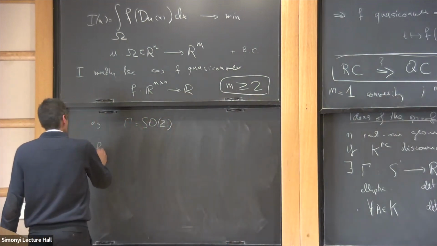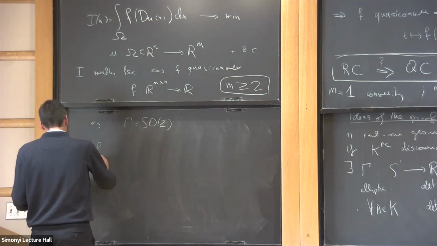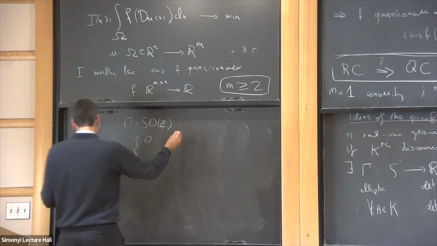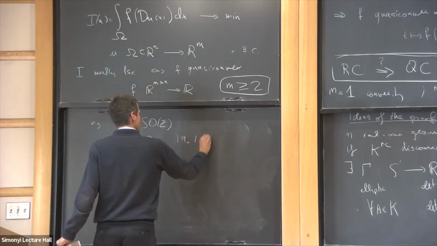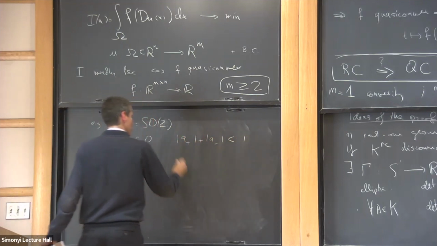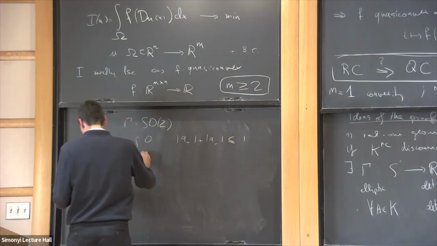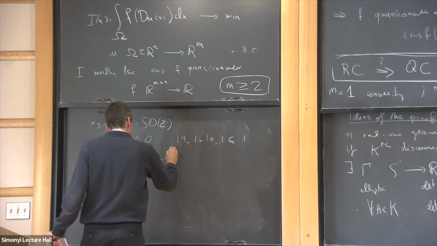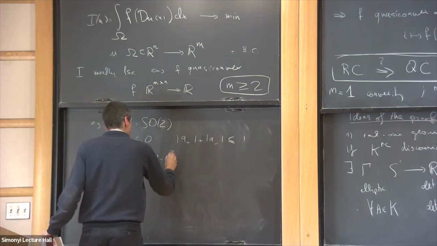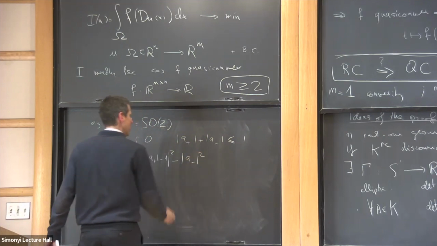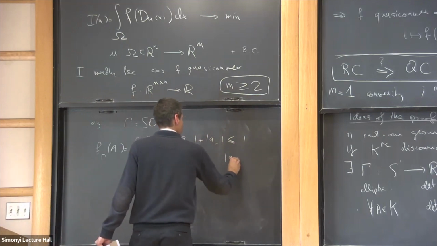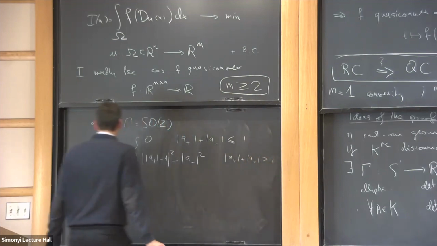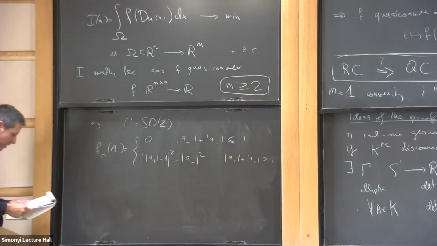Then F gamma of A is just 0 if modulus A plus minus modulus A minus is less than or equal to 0, and is equal to the modulus of A plus minus 1, squared, minus modulus A minus squared, otherwise, when this is bigger than 1. This is just something you can calculate.